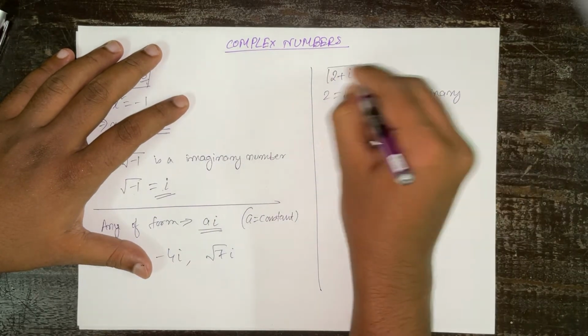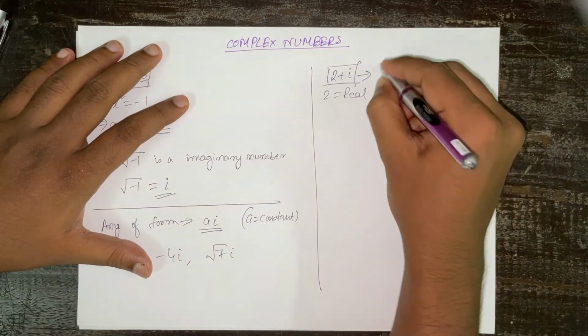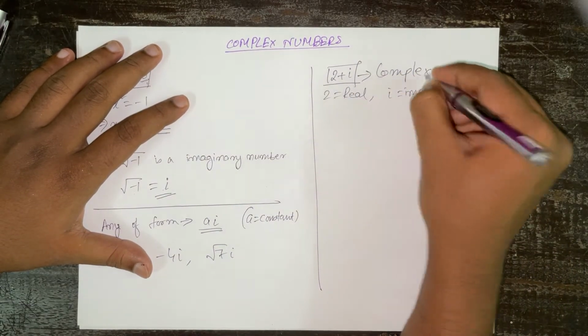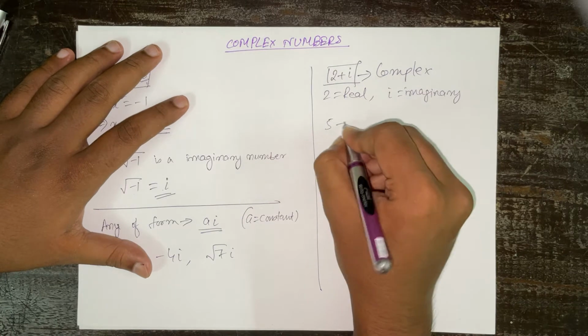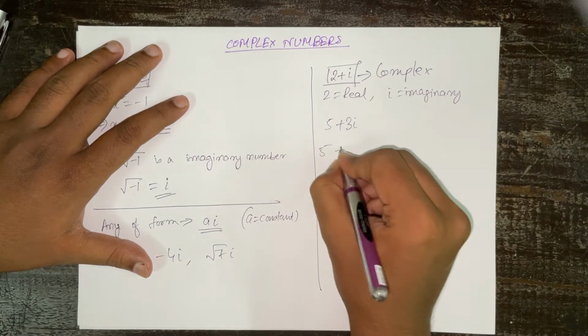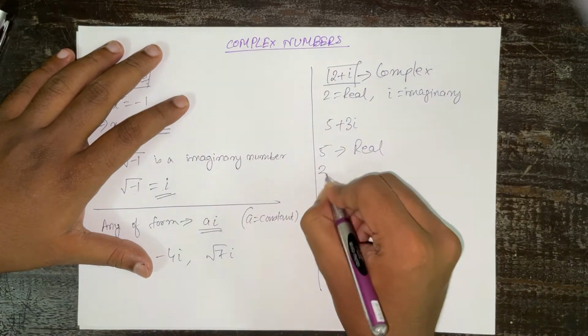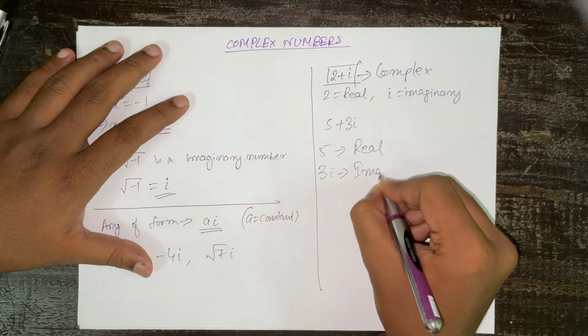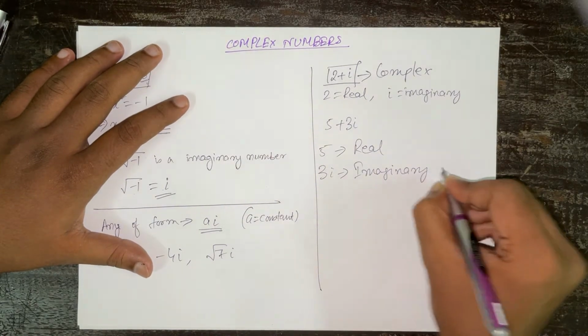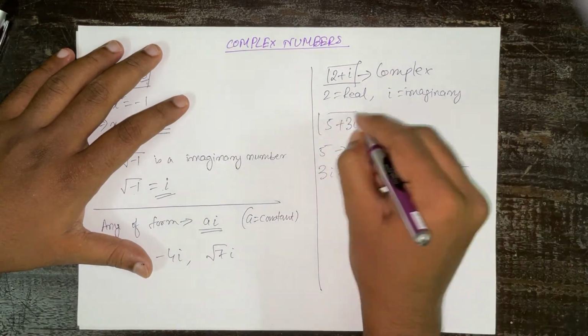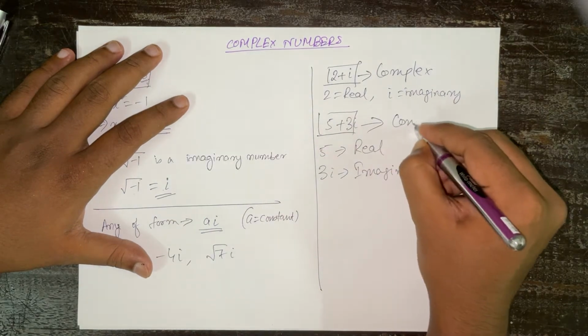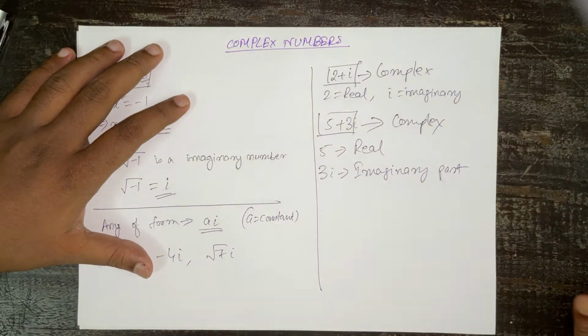Therefore 2 plus i is a complex number. Similarly, we can write 5 plus 3i, where 5 is the real part and 3i is the imaginary part. So 5 plus 3i is also a complex number.